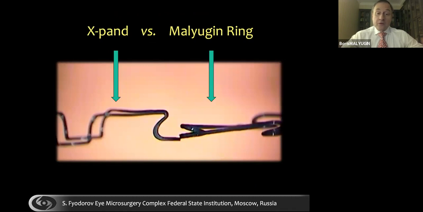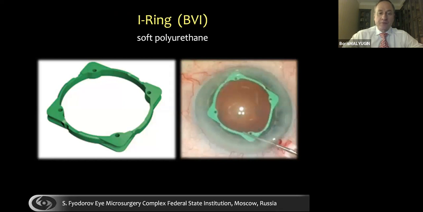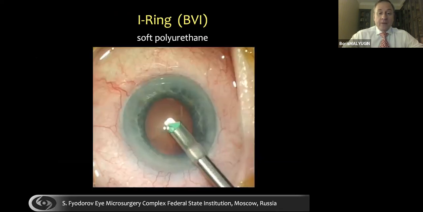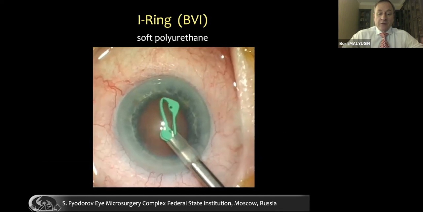Although not all devices are similar, you have to keep in mind that the profile of Expand is slightly bigger than that of the Malyugin ring, and you have to keep in mind that while manipulating it inside the anterior chamber.